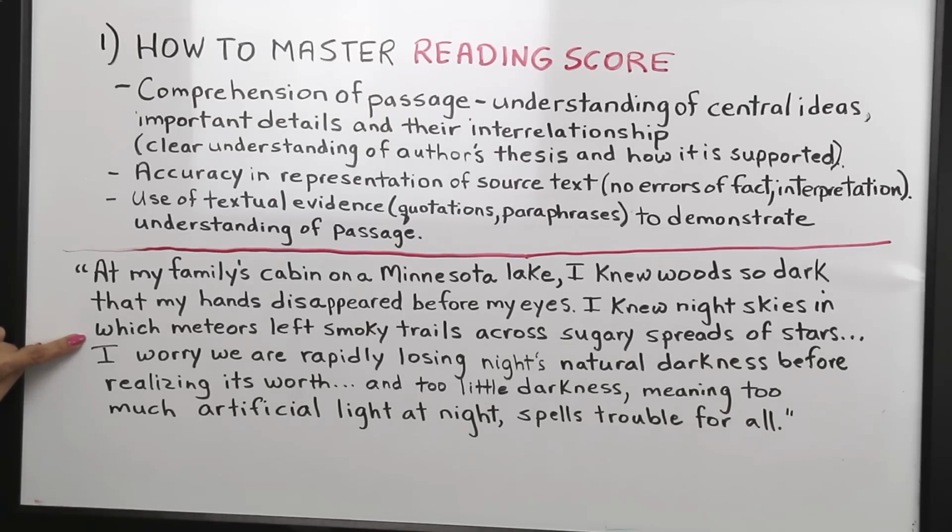I knew night skies in which meteors left smoky trails across sugary spreads of stars. I worry that we're rapidly losing night's natural darkness before realizing its worth, and too little darkness, meaning too much artificial light at night, spells trouble for all." You would want to incorporate that into your analysis.